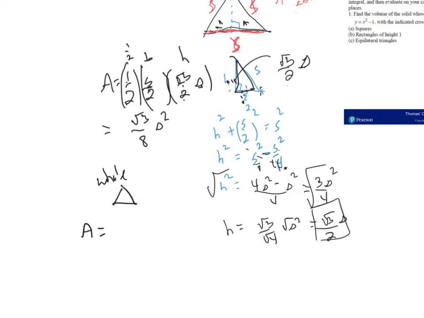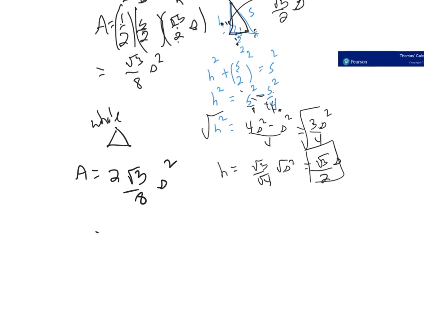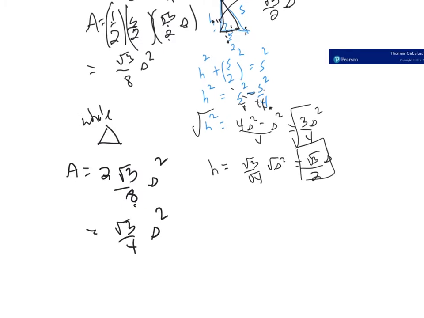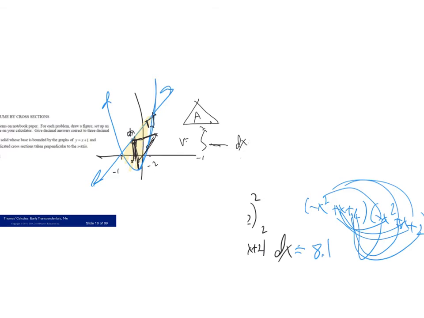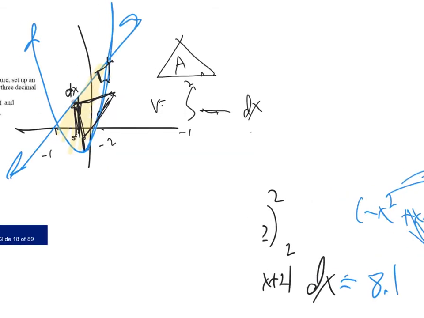Area equals 2 times square root of 3 over 8 times S squared, which really is, the 2 cancels out from down here, square root of 3 over 4 times S squared. All right, memorize that. Now, go back up to my notes over here, square root of 3 over 4 times S squared. Here I go. Change color.